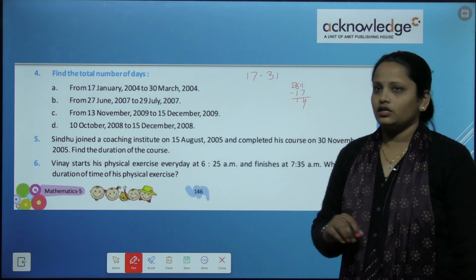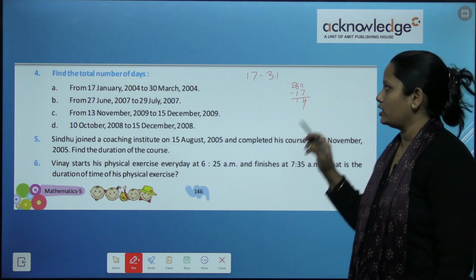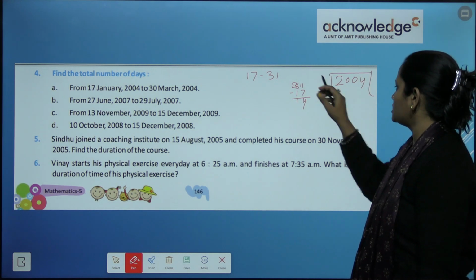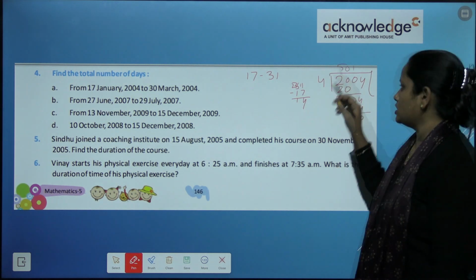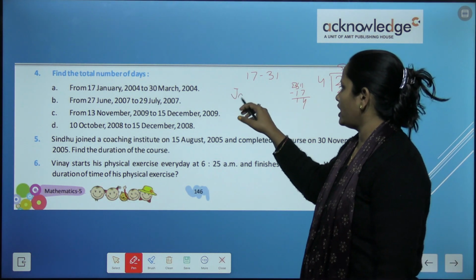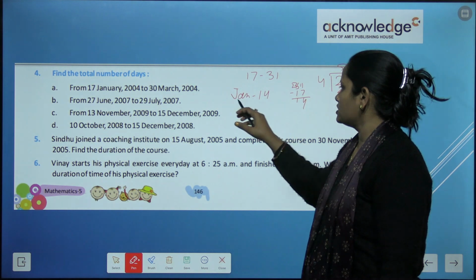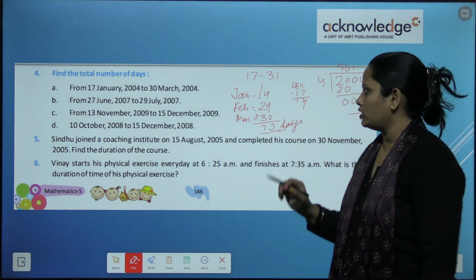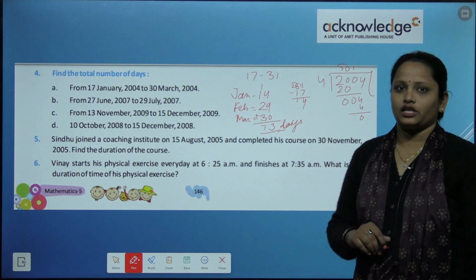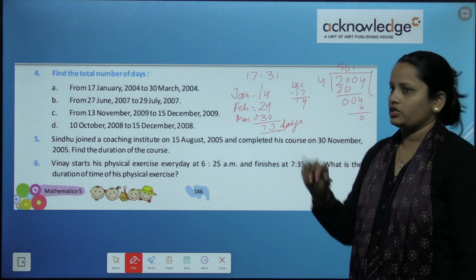Now let's check whether 2004 is a leap year or not. So let's divide this by 4. So yes children, this is a leap year. So here January has 14 days. So children, when we calculated all these days, what did we do? First we took the days from 17 January to 31 January, which is 14.